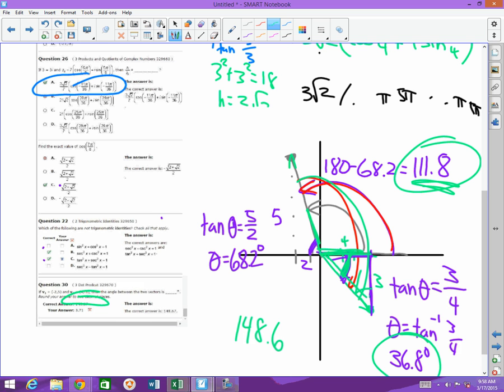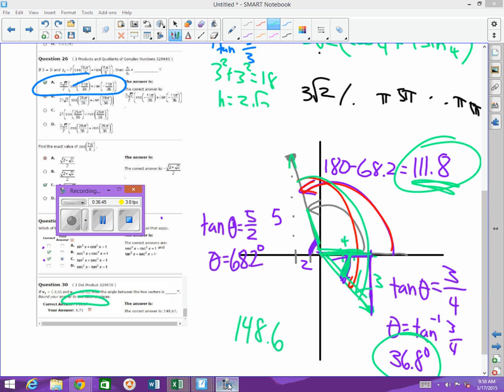Well, and they went out to 2 decimal places, so you just got to make sure you round to the correct thing. Hopefully this will help you, and then you can retake this test one last time and do well on it and get yourself a grade, and then you can be done with this course, which would be really cool. Good luck with it, Addison.